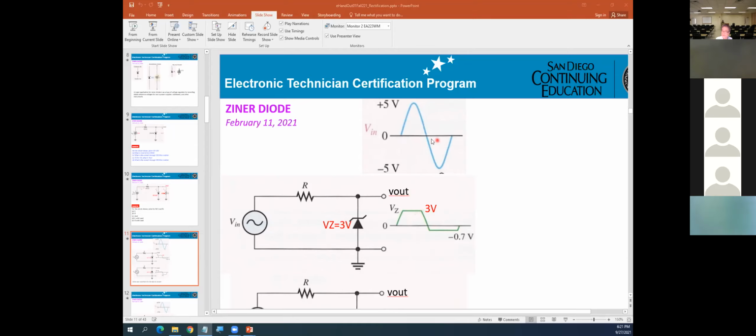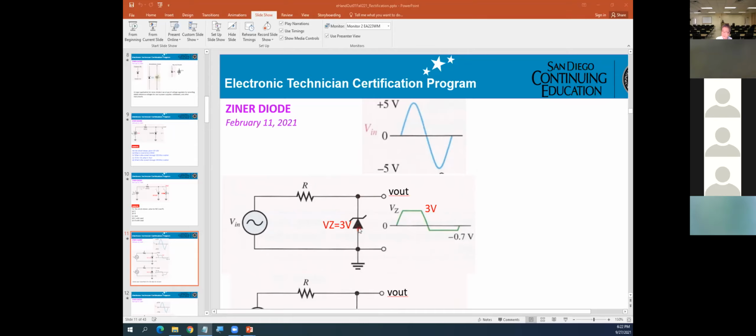Then when you get the input negative, so you get a negative on this side, minus 5, the zener does not break down. You see that? The thing is that it is a negative 5, and this is the ground.